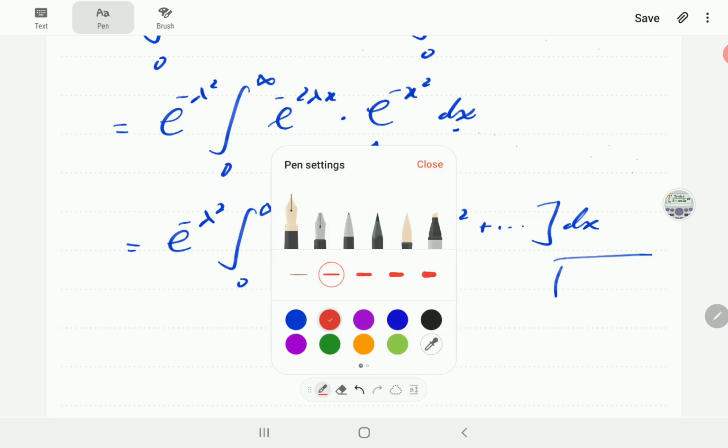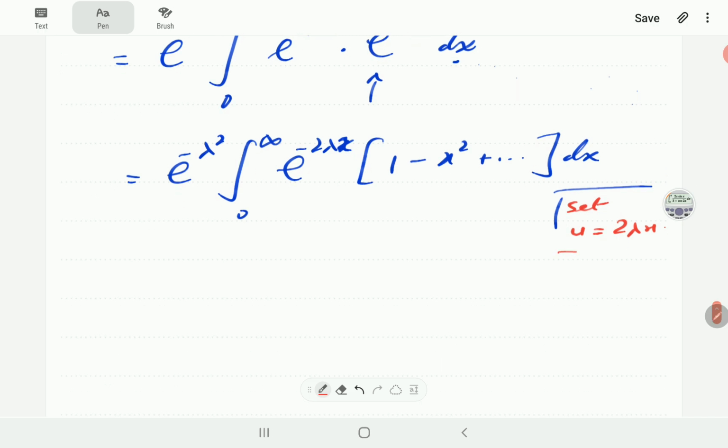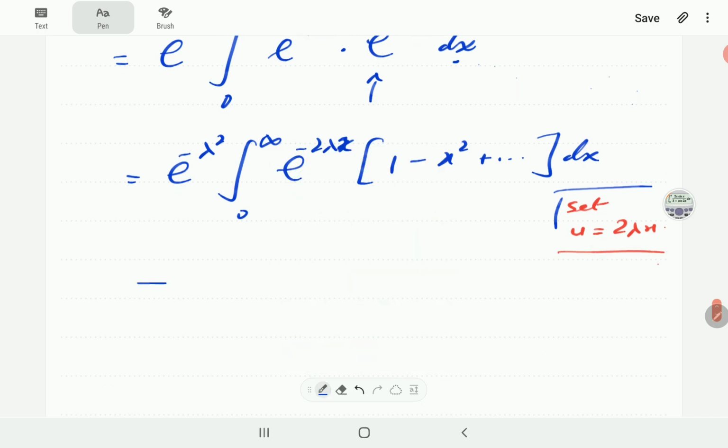So we are going to make the substitution u equal to lambda x. If we do that, then our integral is going to look as follows.